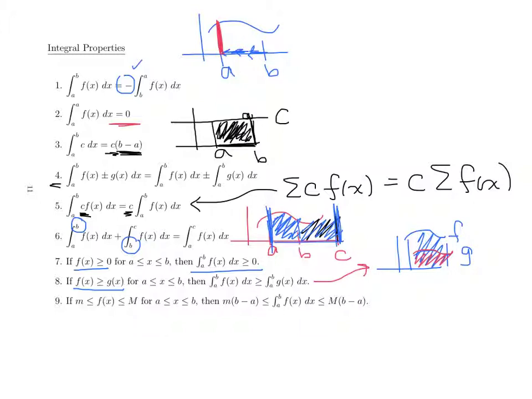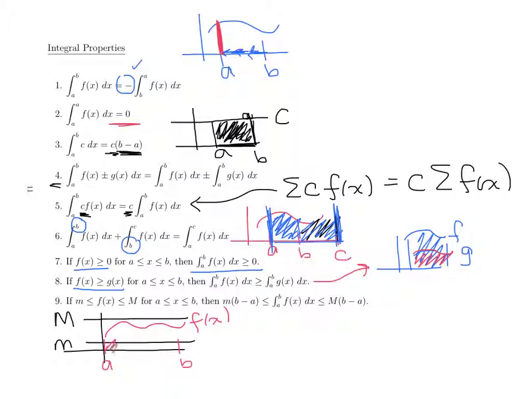And then the last one, again, a picture is always helpful for these things. If you have some upper bound capital M and some lower bound lowercase m, and your function is somewhere in between, so here's our f of x, between a and b, then if you think about calculating this area down here, m from a to b, that's certainly going to be smaller than the area under f, the area under f being this part here.